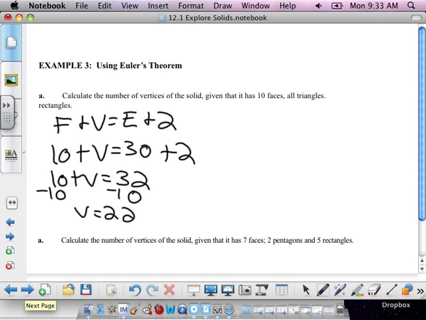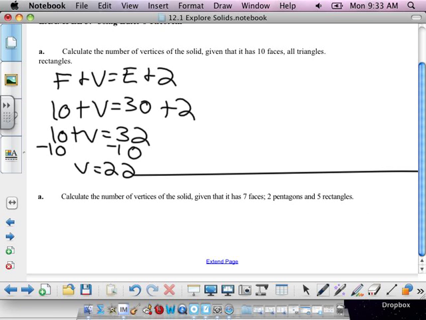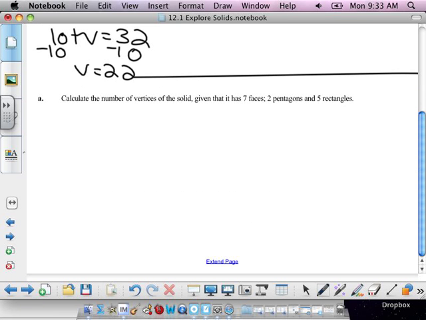Okay. Look at number 2. We're going to calculate the number of vertices of a solid, given that it has 7 faces, 2 of them are pentagons and 5 rectangles. Okay, I've got to draw this picture. So I've got a pentagon at the top, and I'm going to draw another pentagon below it that I'm going to pretend is identical.